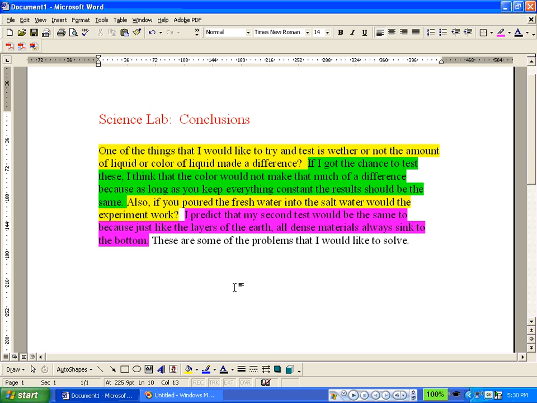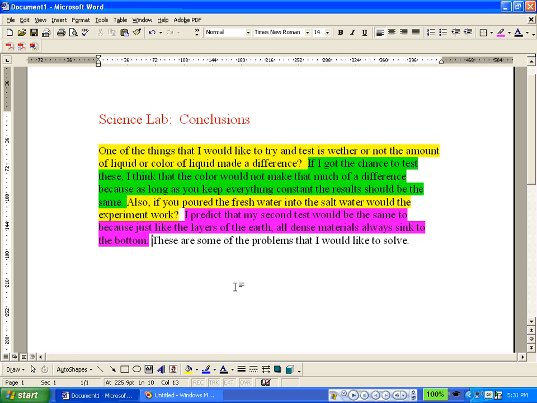The way that our sentences look now, after each question is the author's prediction about what will happen. For example, look at the first one. It says, one of the things that I would like to try and test is whether or not the amount of liquid or the color of liquid made a difference. If I got a chance to test this, I think that the color would not make that much of a difference, because as long as you keep everything constant, the results should be the same.